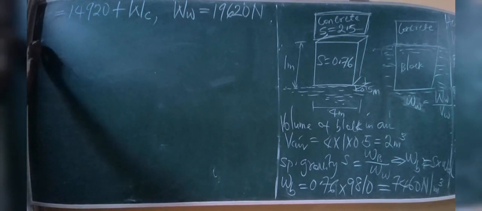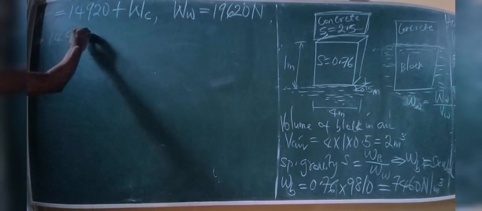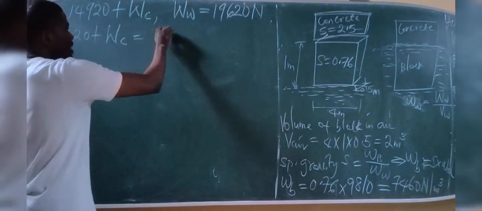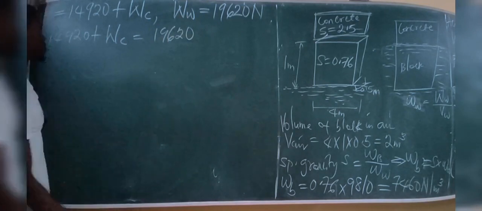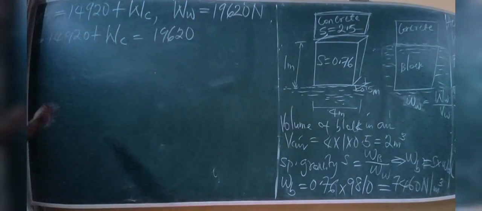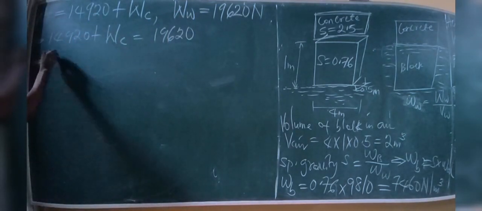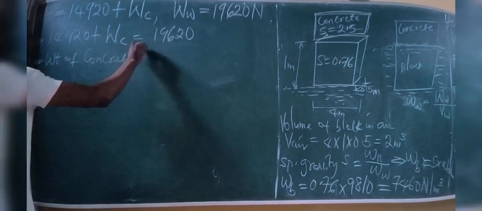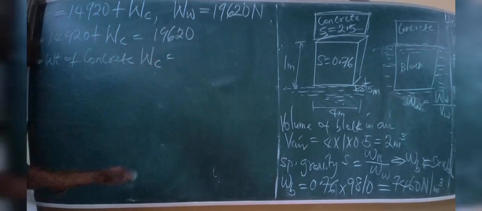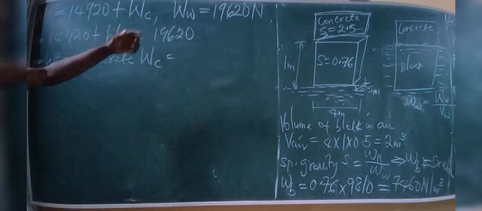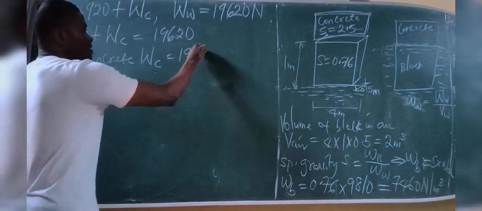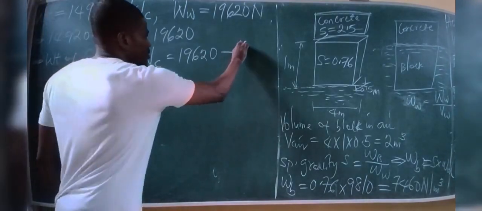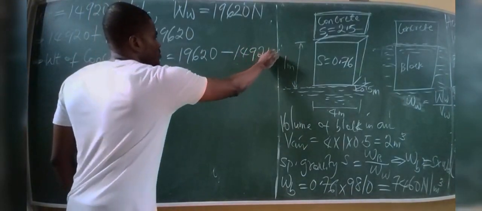And we said from Archimedes' principle, these two weights are equal. So this simply implies that 14,920 plus WC is equal to 19620. So we can now find the weight of the concrete. WC is now equal to, simply sending 14,920 over here, 19620 minus 14,920.